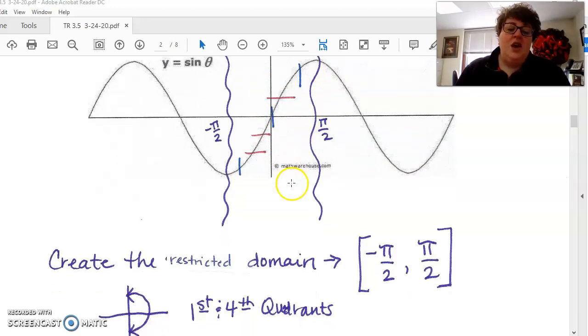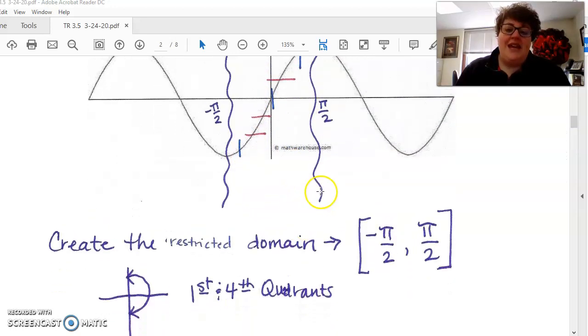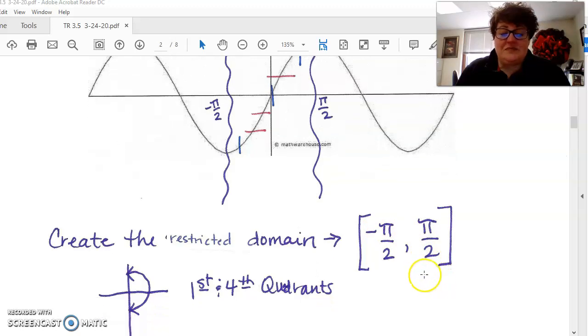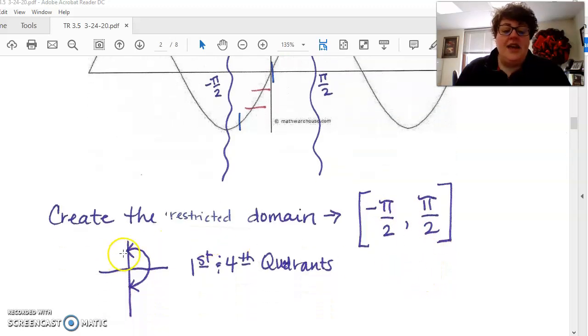So for sine, the restricted domain is -pi/2 to pi/2. It has square brackets, so it does include those endpoints. And in terms of our unit circle, -pi/2 to pi/2 is the first and fourth quadrants.